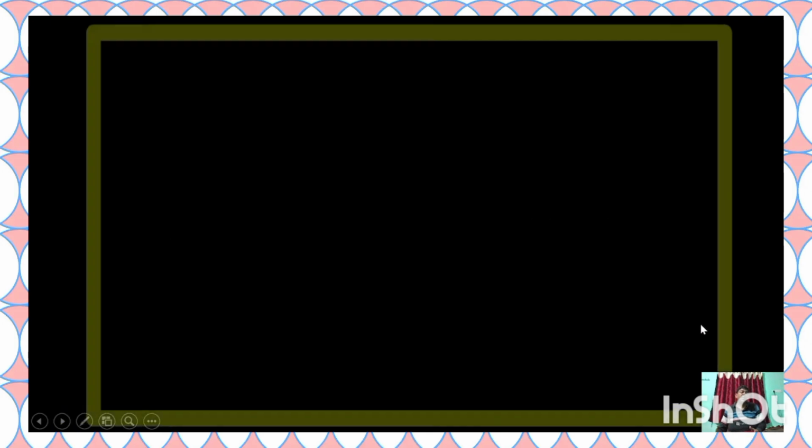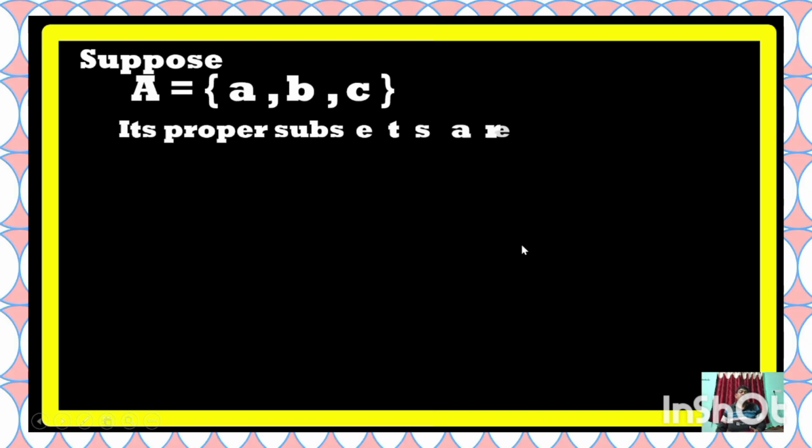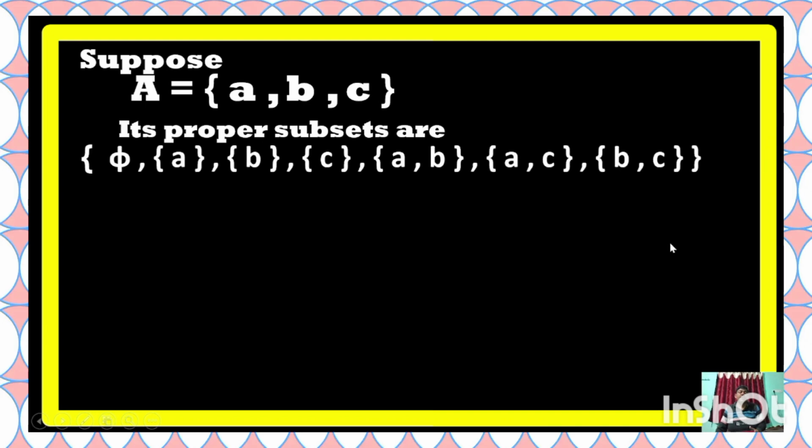So, let's see how. Suppose the set has 3 elements. What are the proper subsets? We know all the subsets, so let's write what the proper subsets are.